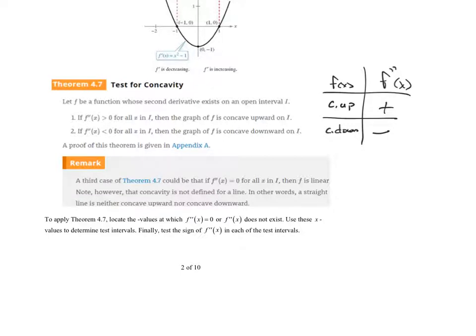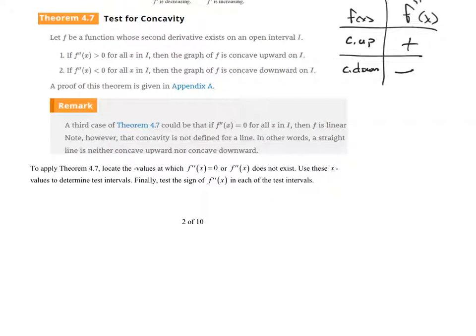So the second derivative would be 0 everywhere because the slope is not changing. The rate of change of the rate of change would be 0, okay? It's neither part of a smiley or a frown, and so it's linear, so it doesn't have concavity. That's all they're saying. It's not a smile, it's not a frown, so it's neither concave up nor concave down.